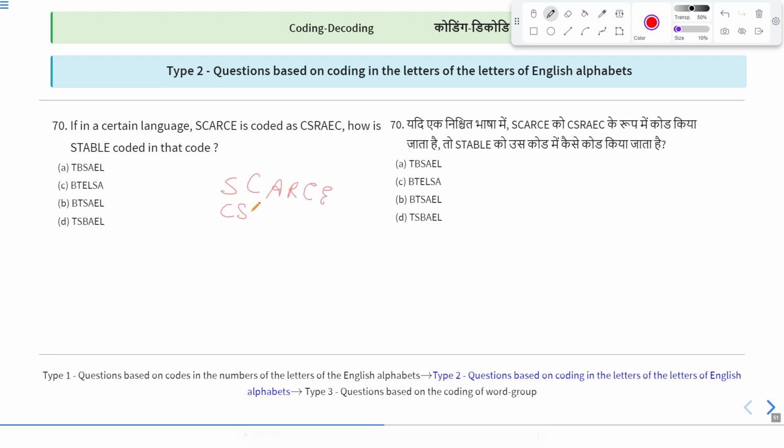SCARCA becomes CSRAEC and 3, 5, 6 becomes 1, scarce. So staple comes to T S P A 6 L T S B A.